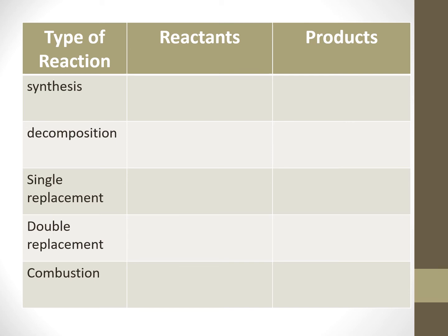Now here's kind of another chart. How are you going to recognize, like if you have to predict products and everything's mixed up, how are you going to know what's a synthesis, what's a combustion, on and on. So a synthesis reaction will always start with 2 elements.